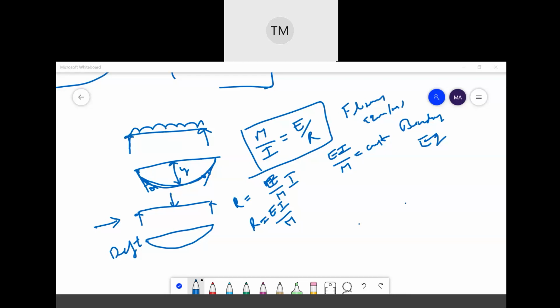When it goes to the slope and deflection of a beam, here you have a relation between slope, deflection and radius of curvature.